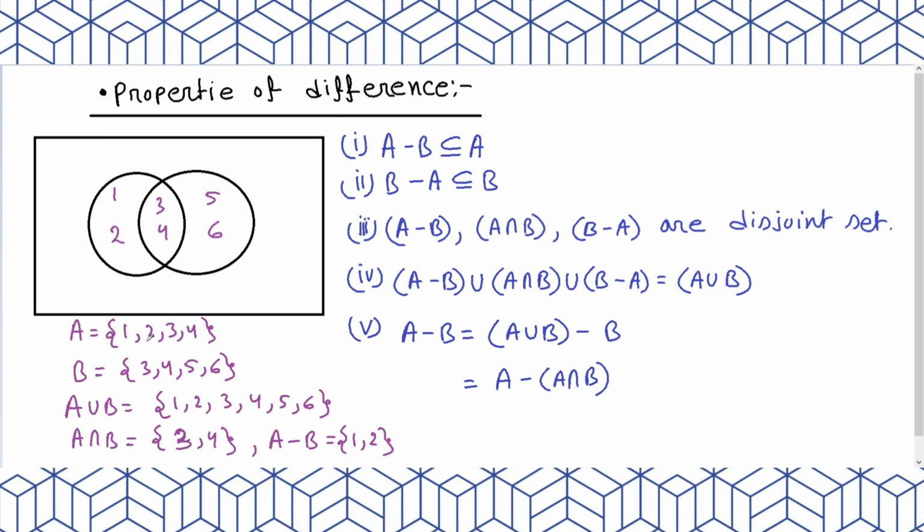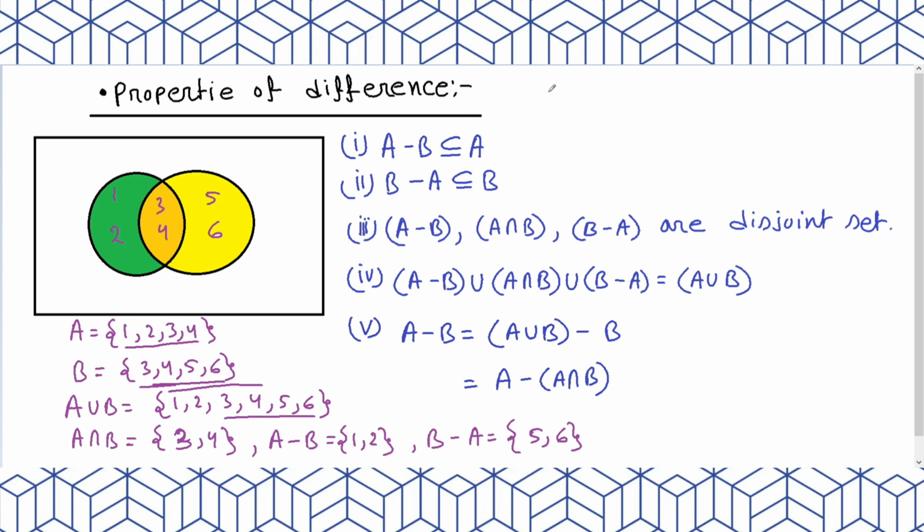See, if we eliminate the elements of B, that is 3, 4, 5 and 6, from A union B, we get A minus B. And similarly, if we eliminate the elements of A from A union B, we will get B minus A, that is 5, 6. We color A minus B green, B minus A yellow and A intersection B orange.